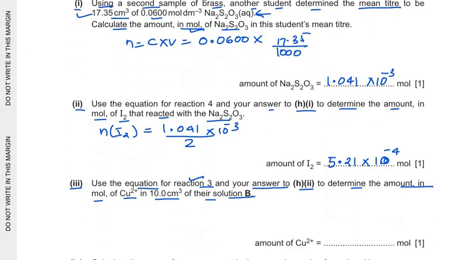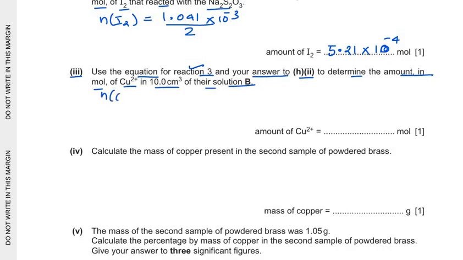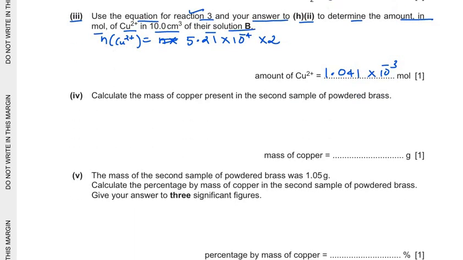So again we need to multiply by 2, that is the moles of copper ions has to be the moles of iodine multiplied by 2. So if we multiply it by 2, we get the same answer, that is 1.041 into 10 power minus 3. So that's the answer we get. In this case, we can write even 1.042 because we multiply 5.21 into 10 power minus 4 by 2, so 1.042 also can be written.